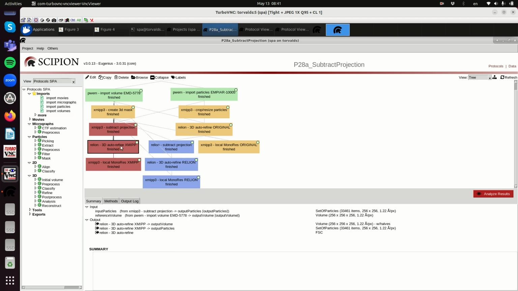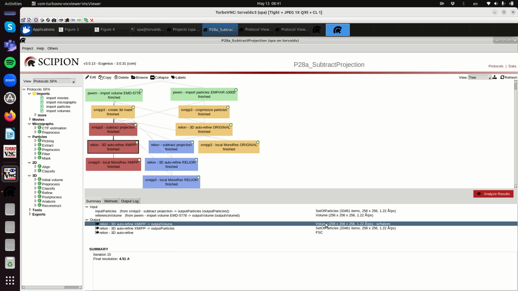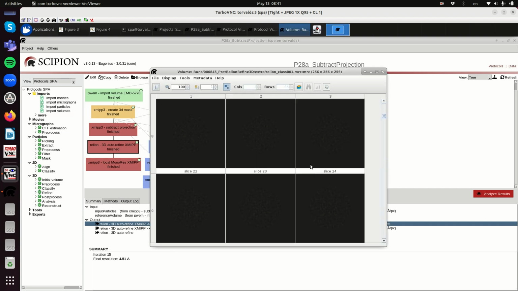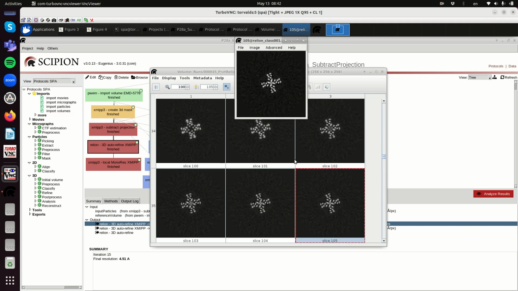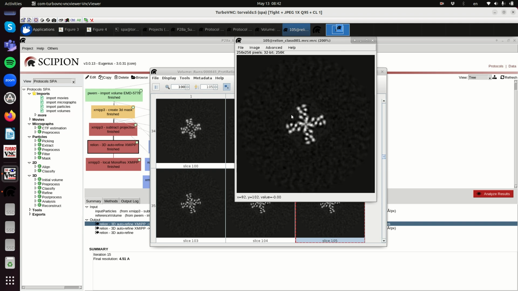And the reconstruction looks really good.